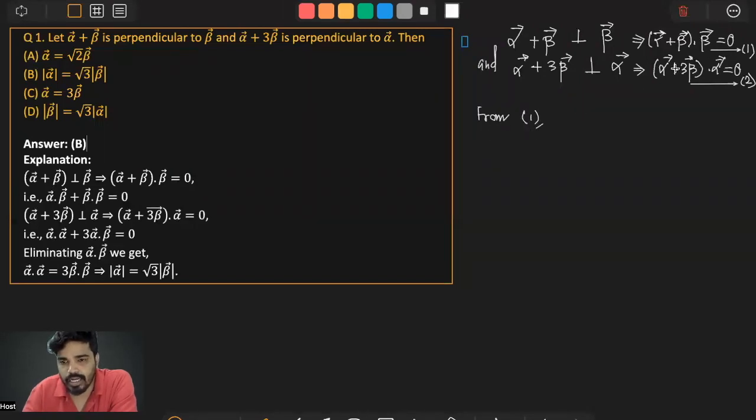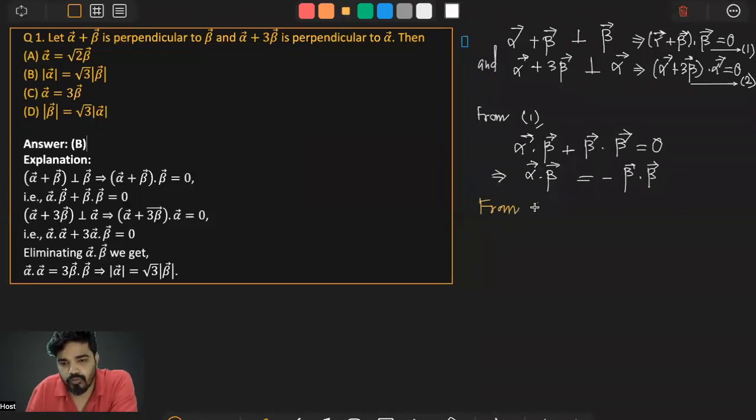what we can write? Alpha dot beta plus beta dot beta is equal to 0. Getting my point? So that means alpha dot beta is equal to minus beta dot beta. Now from 2 we get, it is given that alpha plus 3 beta dot alpha is 0.